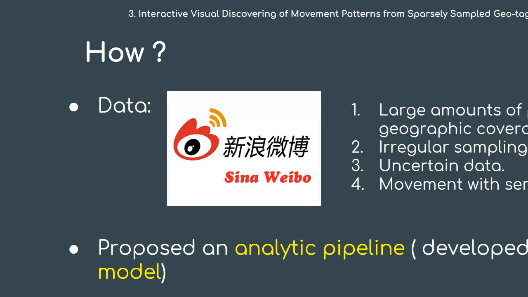The movement with the semantic information within the data can provide a lot for you to study the motivation or characteristics of the movements. So the authors proposed an analytic pipeline to guide users in studying social media data, and based on this pipeline, they designed a visual analytic system.